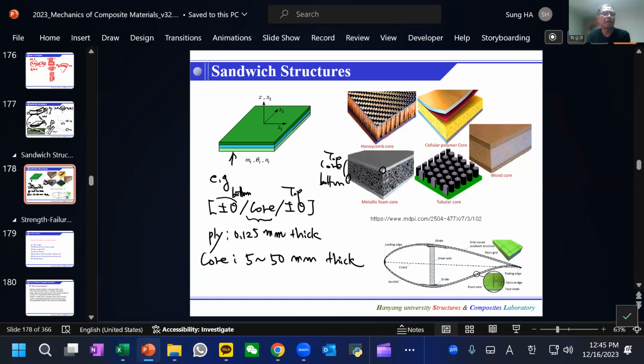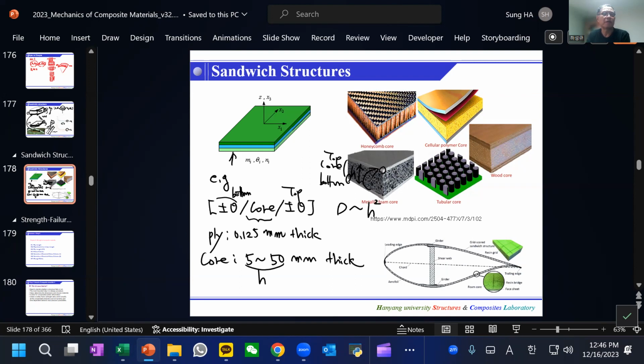Obviously, because of the thick core, the top skin and bottom skin are very far apart. Based on fundamental mechanics, the bending stiffness of this laminate, which we call D, is proportional to H squared, where H is this distance.